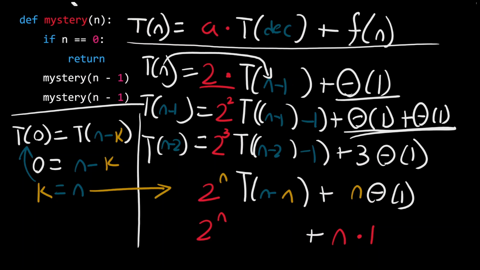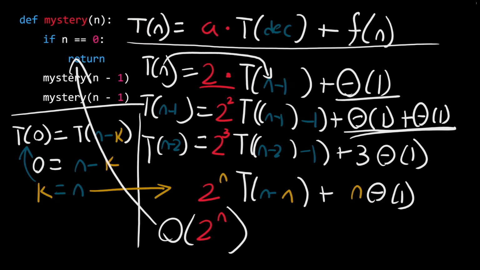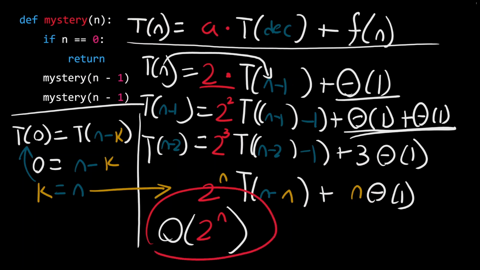So we just have these two, and we can see that the bigger one is this one. So in the end, we're going to have big O of 2 to the n. That is the runtime of this function right here, O of 2 to the n.